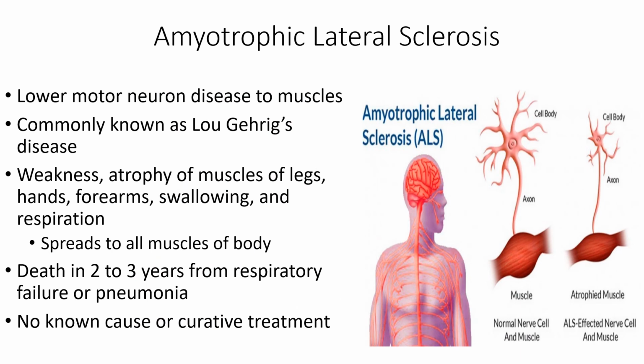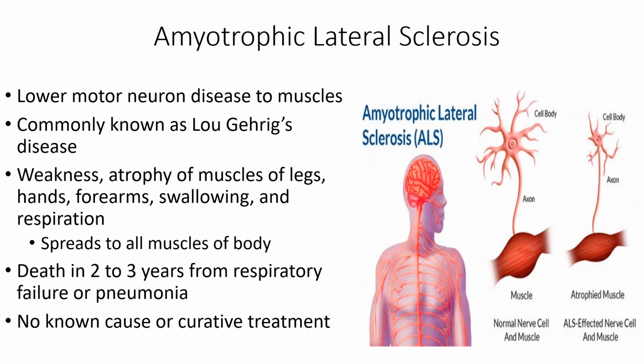Okay, so let's talk about amyotrophic lateral sclerosis, which is better known as Lou Gehrig's disease. And this is a disease of the motor neurons, the neurons that go from the spinal cord to the muscles of the body. And there is destruction of these neurons, leading to profound weakness of all the skeletal muscles in the body.